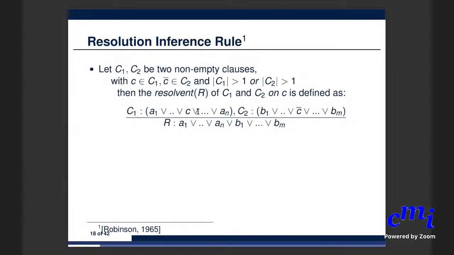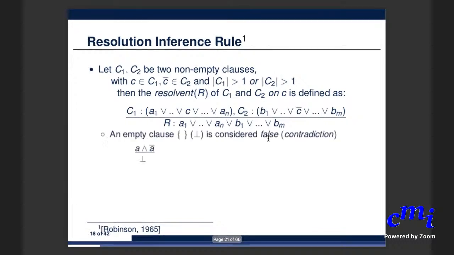If you have two clauses of this kind, a set of literals and another set of literals, with one literal, here in this case C, appearing with opposite polarity, then you get the following. R is obtained by taking the union of all the other literals in C1 and C2.